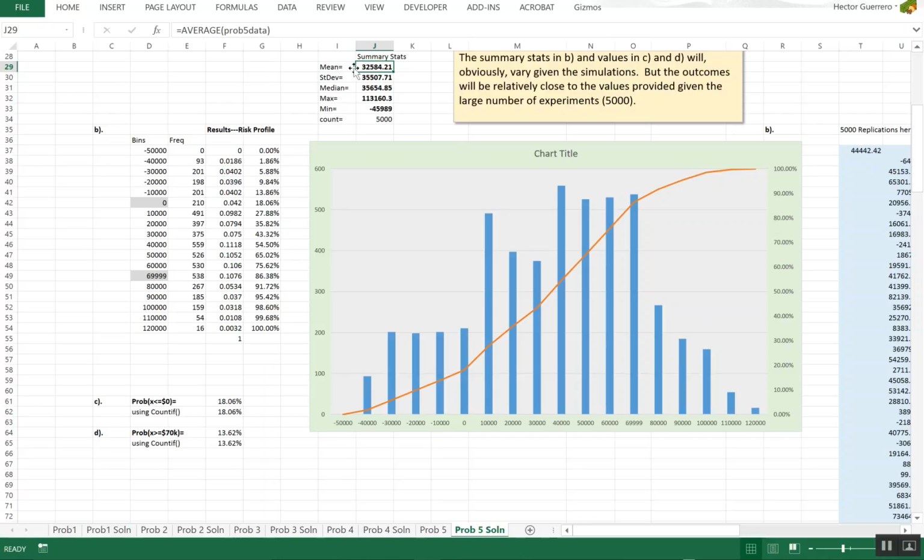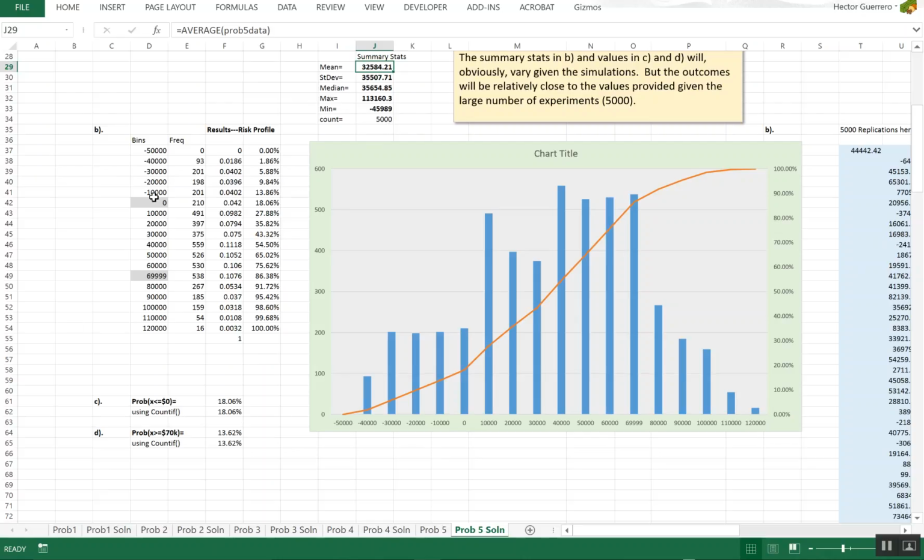The mean is 32,584. We have a very high standard deviation, larger than the mean. We have a median that's higher than the mean in this particular case, a min and a max, and therefore a count of 5,000 simulated values.